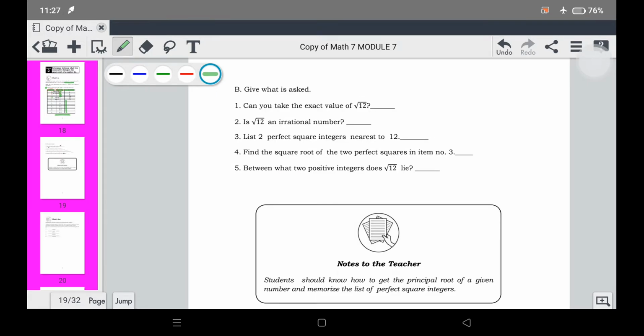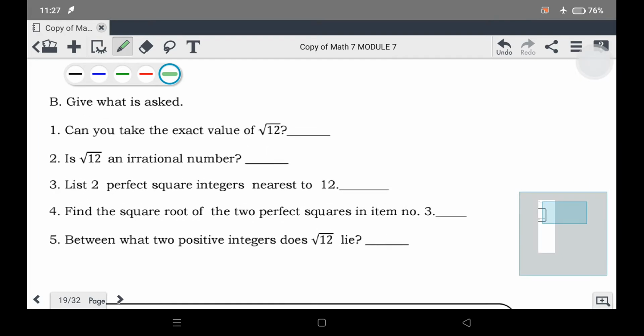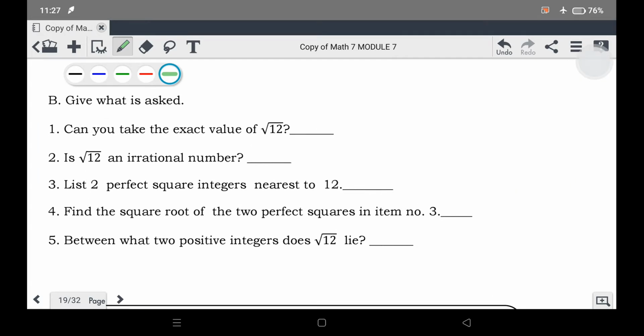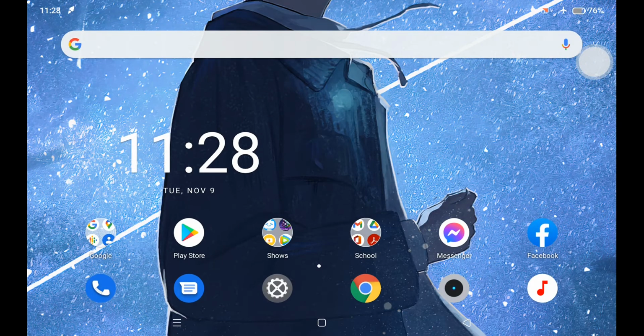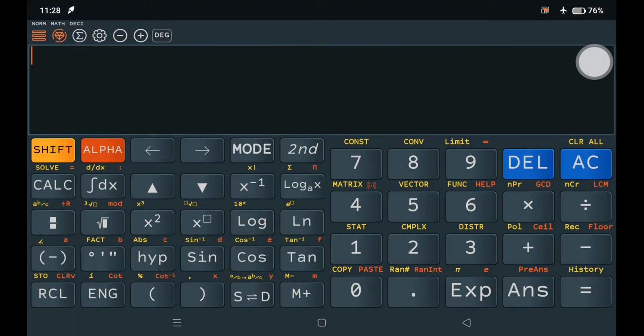Okay, let's answer this. Give what is asked. Can you take the exact value of the square root of 12? To take the exact value of the square root of 12, we have to open our scientific calculator. I downloaded this one from Google Play. It says that I have to take the square root of 12.